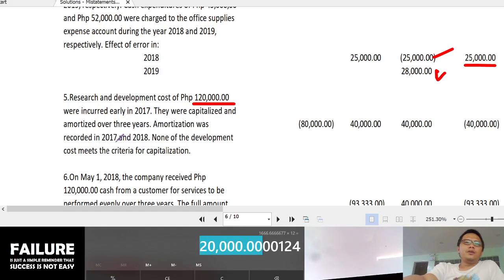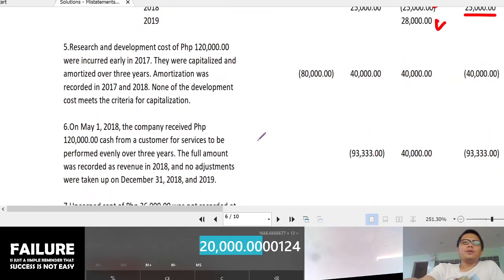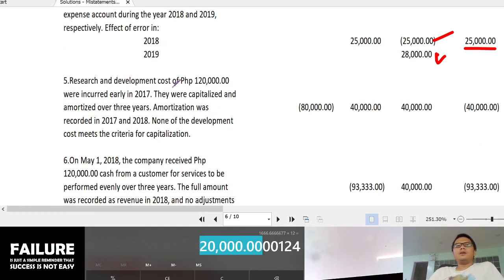So, amortization was recorded in 2017 and 2018. However, none of that cost meets the criteria for capitalization daw. So, the point is, hindi siya dapat kinapitalize. Dapat charge to expense siya. That is for 2017. Diba?